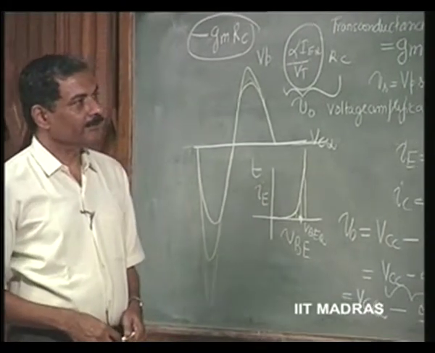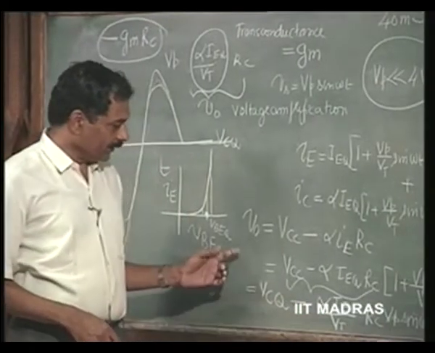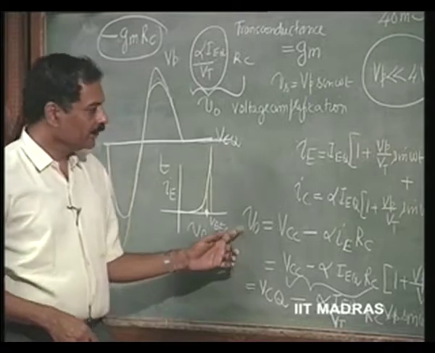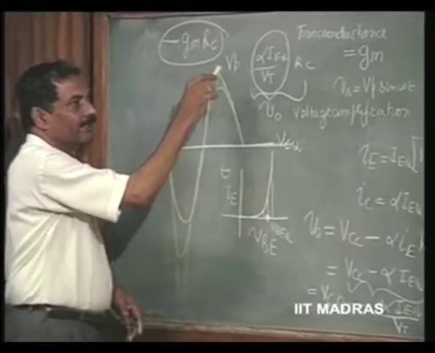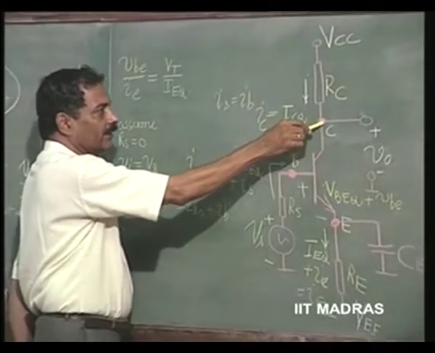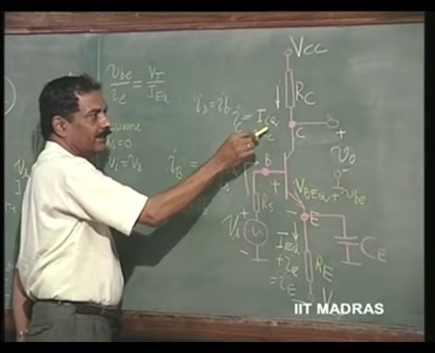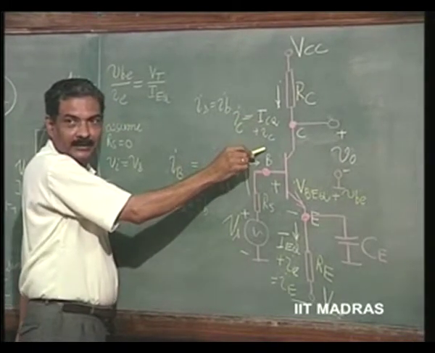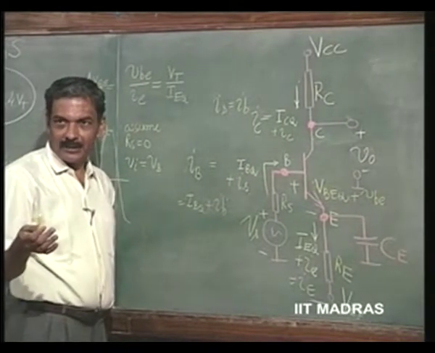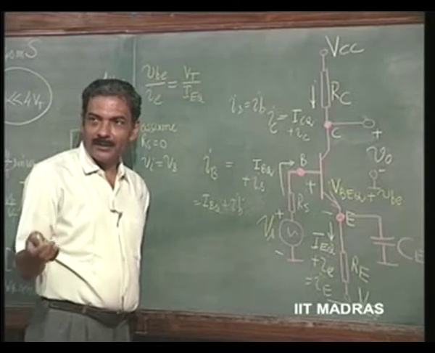until at a point this voltage V naught will ultimately reach a limiting situation. Why is it decreasing or increasing? Because this current is changing from ICQ to ICQ plus delta IC, and that delta IC can be positive or negative.